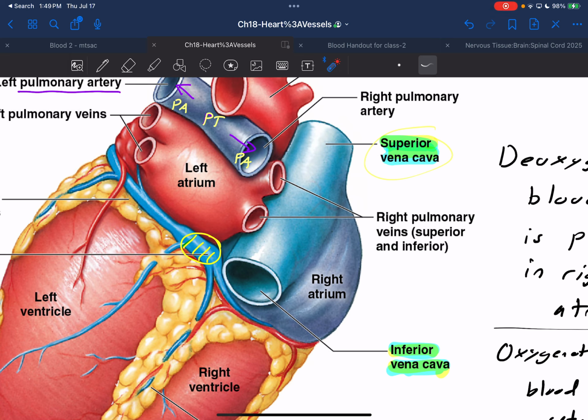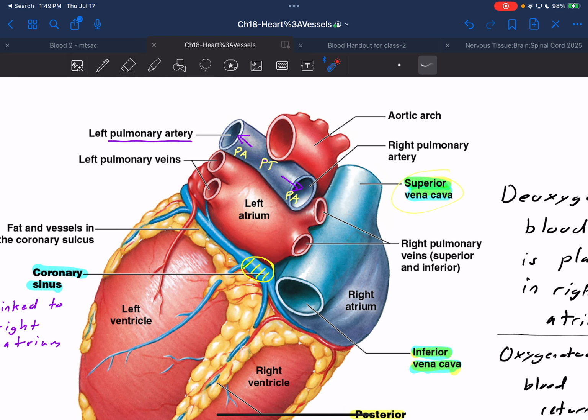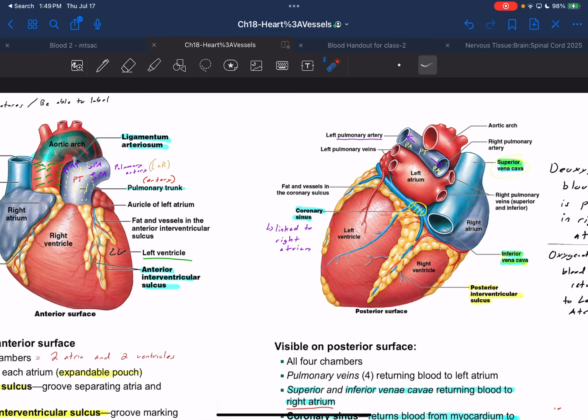You got to go to the lungs. So now this is a big fact for all of you. The right side, the right atrium, is the first stop for blood making its way to the lungs. It is a dumping site for deoxygenated blood. So that finding that right side is incredibly important right away.